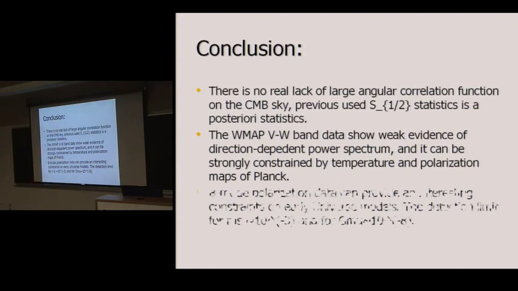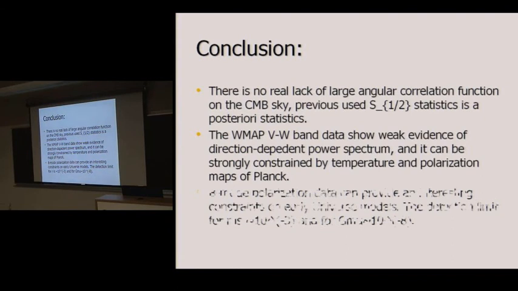The WMAP V and W band data show evidence of a direction-dependent power spectrum. We see this in other people's work, and it can be strongly constrained by the temperature and polarization maps. This is what we discussed in the second part.